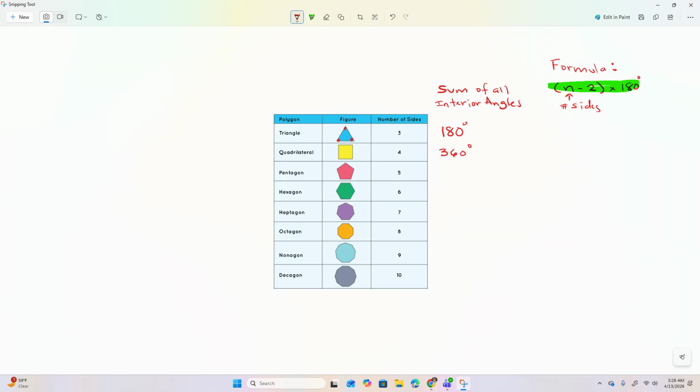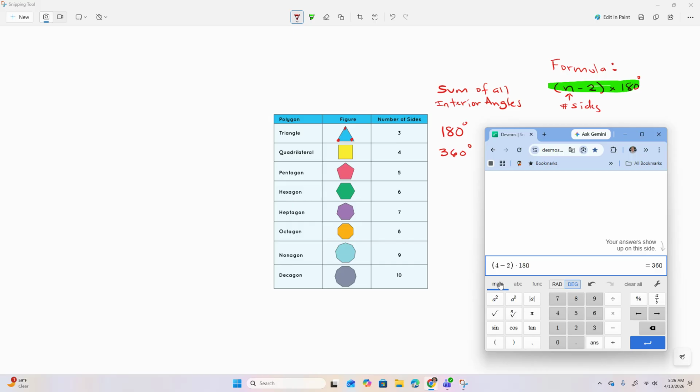Now we're going to go to the next one, pentagon. What is a pentagon? A 5-sided shape. So again, let's use the formula to find out how much all 5 angles inside the pentagon add up to. Look, I just replaced the N with 5 and let the calculator do the rest once I type the formula. And you can see it's 540.